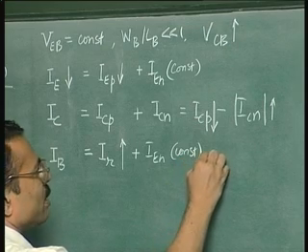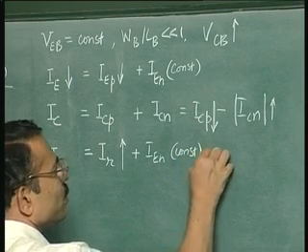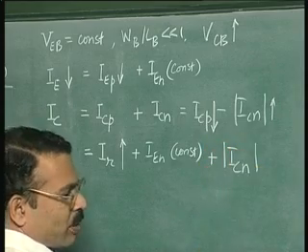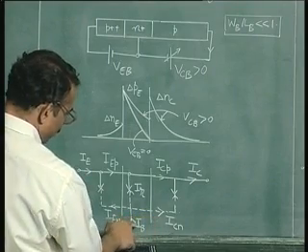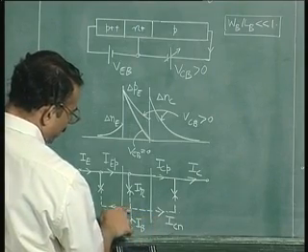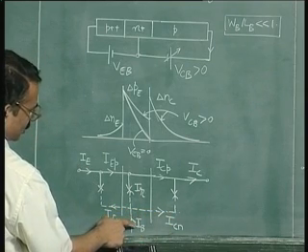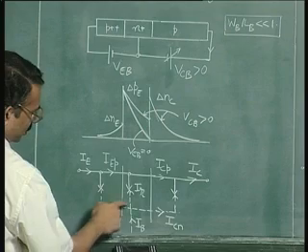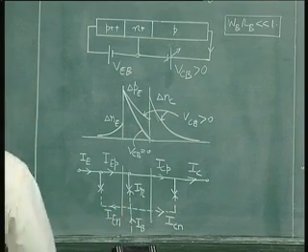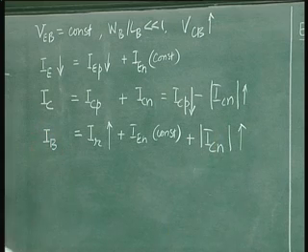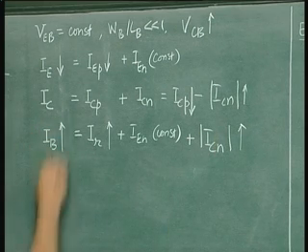You also have another component here, that is plus ICN modulus, because you can see from here that base is now also supplying electrons to the collector. So your base current has really increased tremendously. It is this current plus this current plus this current. So that is what is shown here. So IEN is constant, but this ICN is increasing. So IB increases, whereas IC falls.